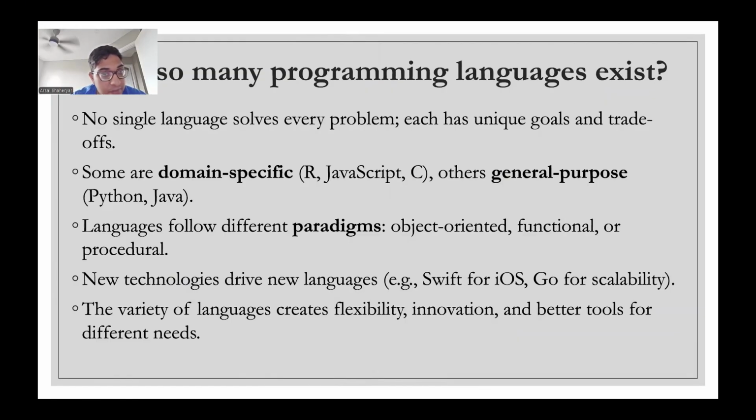Languages follow different paradigms: object-oriented, functional, or procedural. New technologies drive new languages. Examples: Swift for iOS, Go for scalability. The variety of languages creates flexibility, innovation, and better tools for different needs.